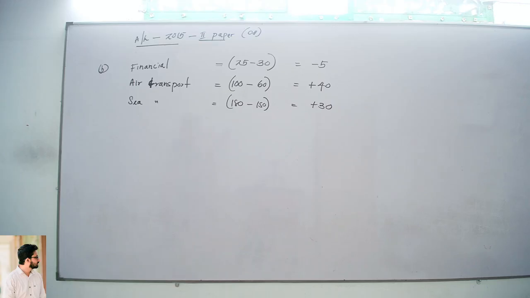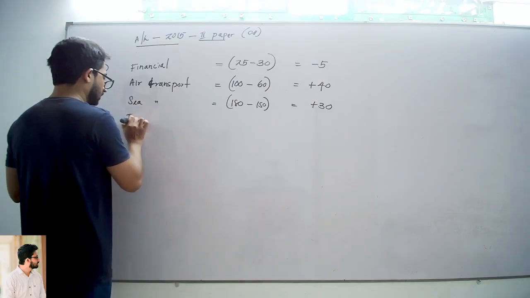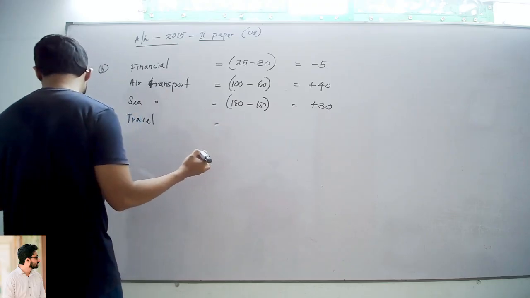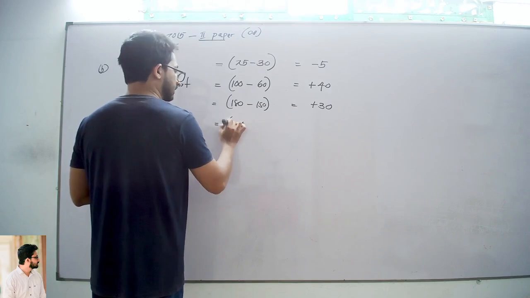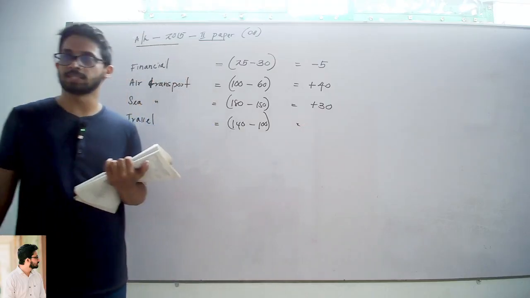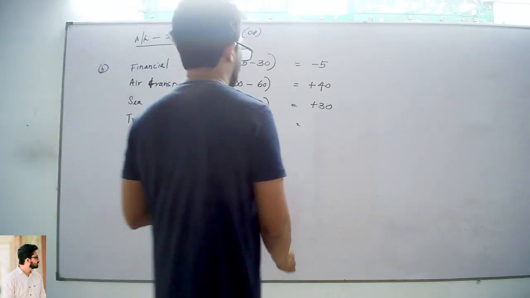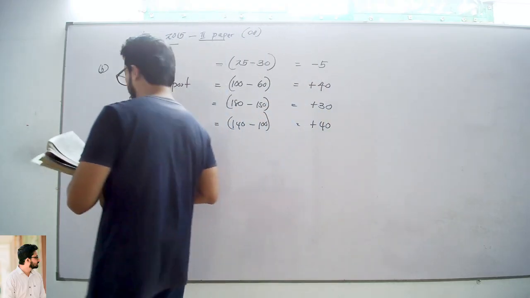Interest income, no. Workers remittance, no. Travel: payment received 140, payments 100. Travel means tourism, mainly tourism, right? 140 minus 100 means plus 40. Last one, telecommunication.